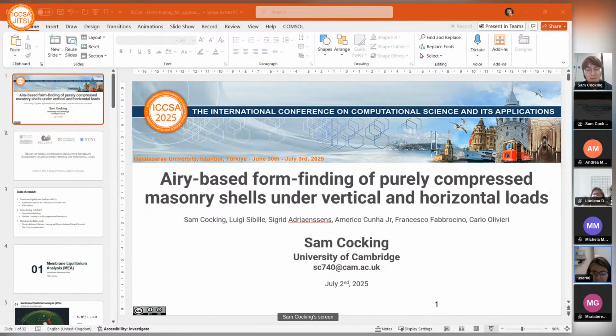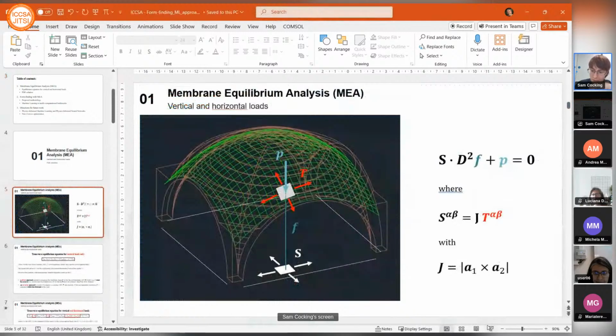Sorry, Sam, excuse me if I interrupt. Are you now moving to the next slides, or are you still on the first page? You still can see the introduction, like the first page, am I right? Oh, I see. Yeah, let me try again. Can you see a different slide now? Now it's on slide 5. Am I right? Yes, I think that's right. Can I just check if I go to the next slide, do you see a different slide now?